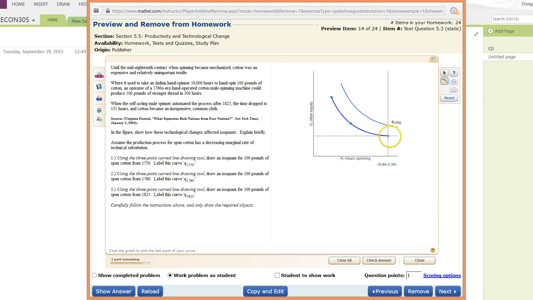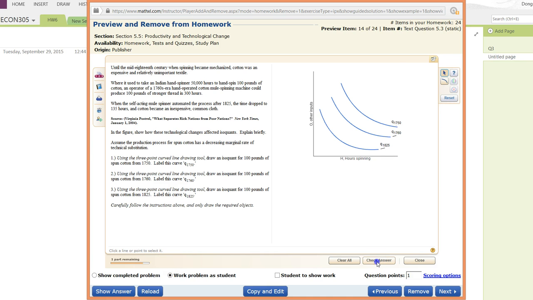So we can expect this to be Q1760. And finally, for the new machine, it should be even closer to the origin point. So Q1825.